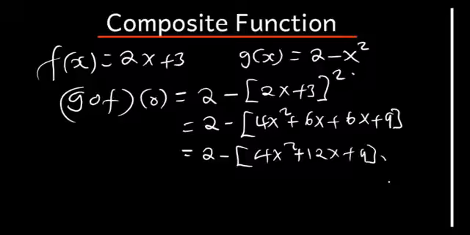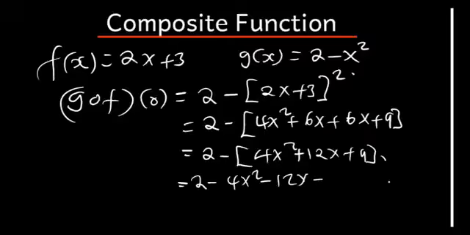I can now distribute the negative, so it's going to be 2 minus 4x squared minus 12x minus 9. So 2 and 9 can go: 2 minus 9 is going to be negative 7. So I'm going to have negative 7 minus 4x squared minus 12x.